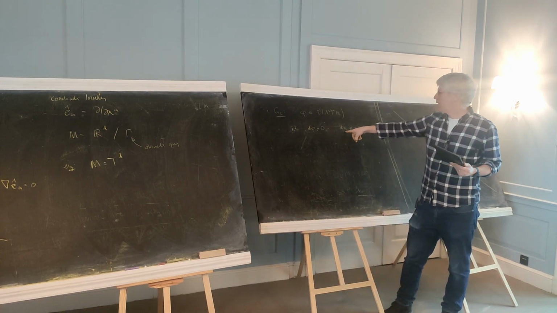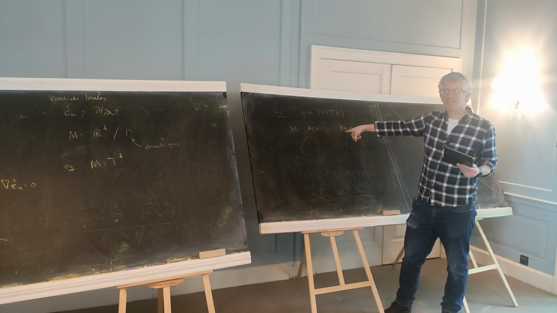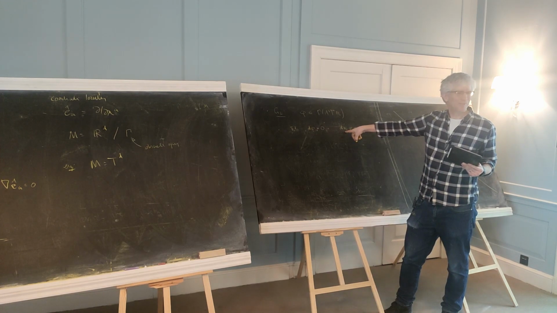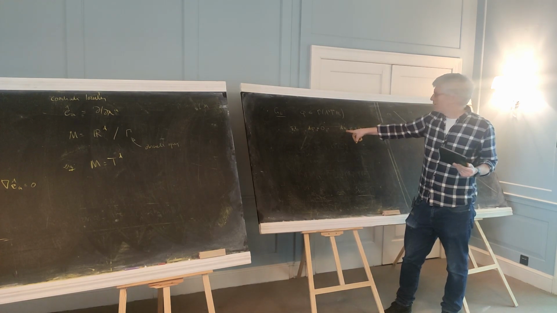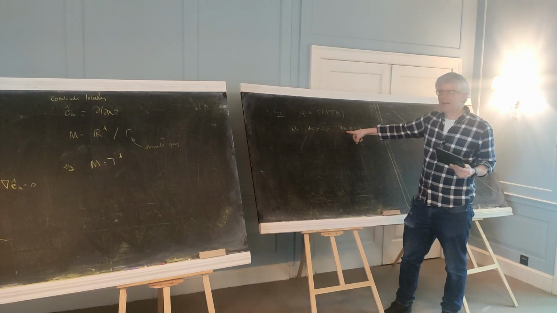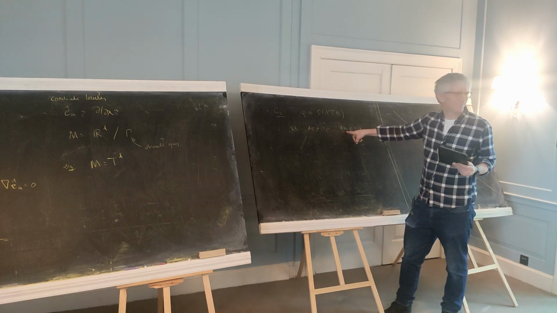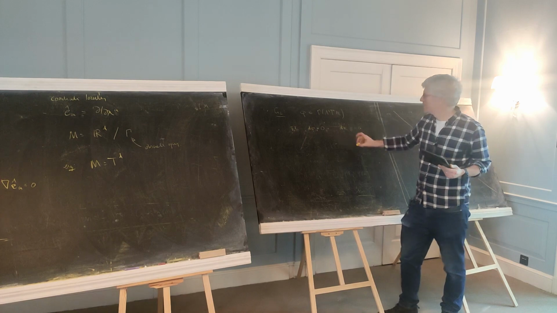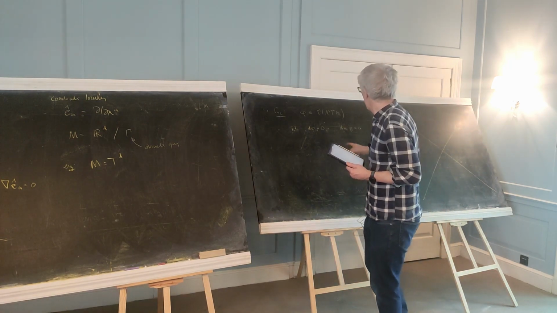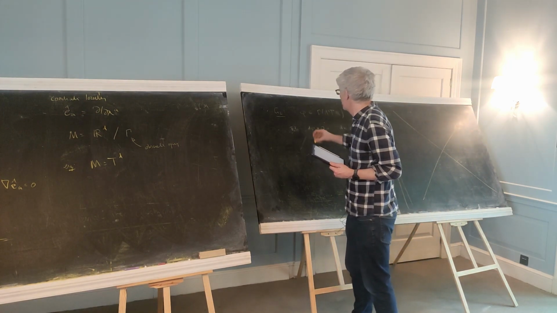So this is the Hodge star. I hope everyone's familiar with the Hodge star. To define the Hodge star, you need a metric, right? You have to raise and lower indices. But here I've just got a G2 structure.